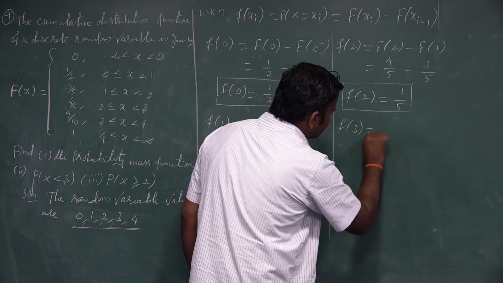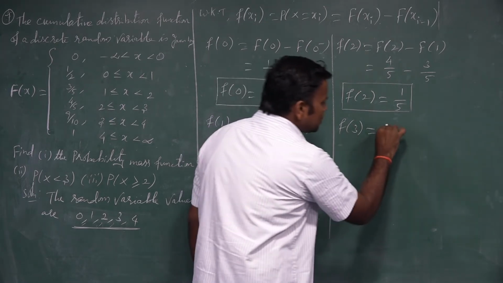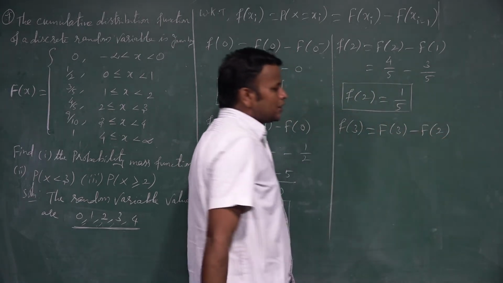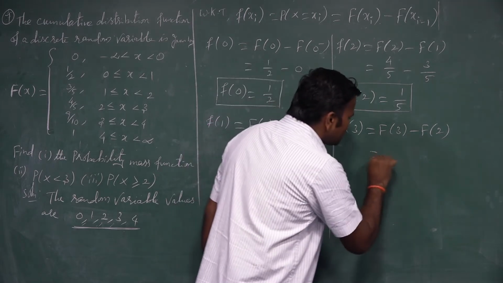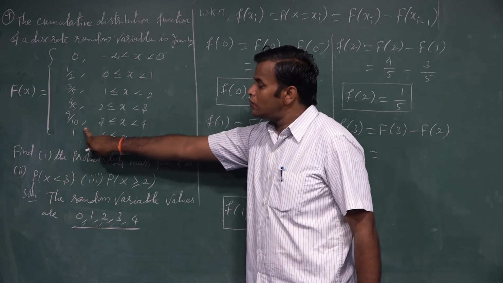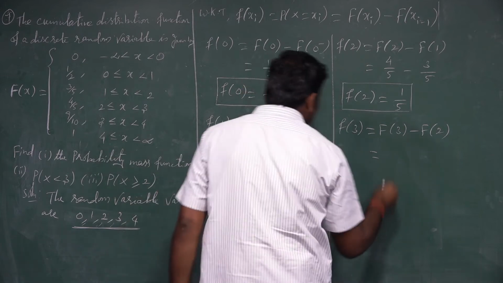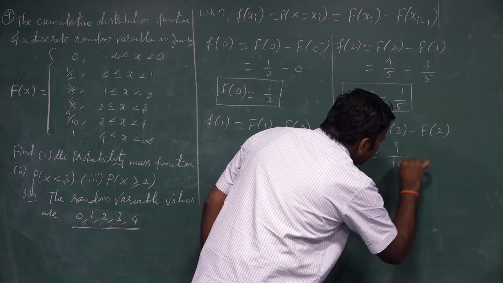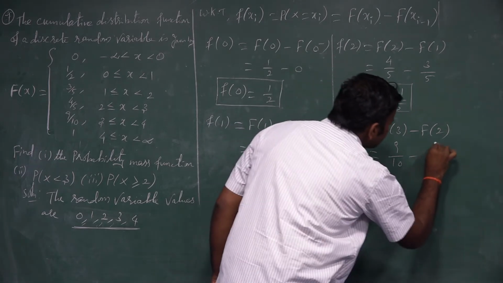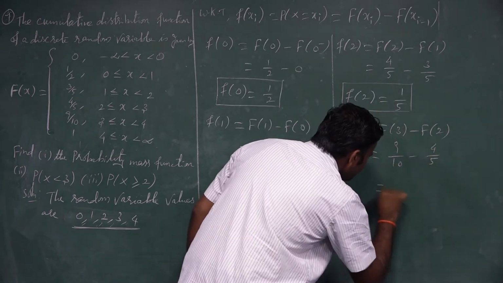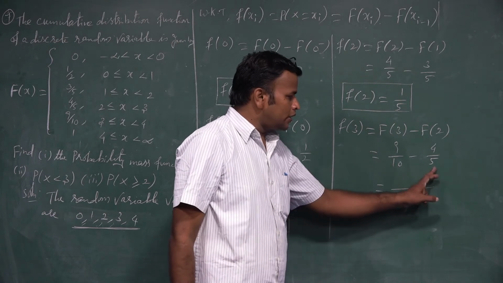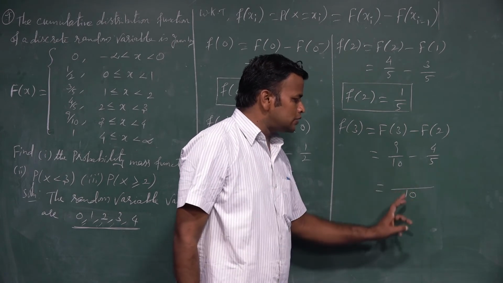Next, f of 3. Capital F of 3 minus capital F of 2. When x is equal to 3, the value is given as 9 by 10, minus, when x is equal to 2, the value 4 by 5. I will take the LCM of 10 and 5, which is 10.